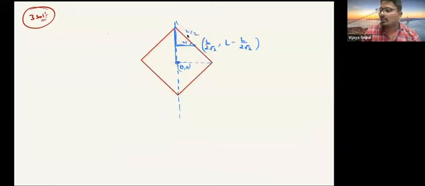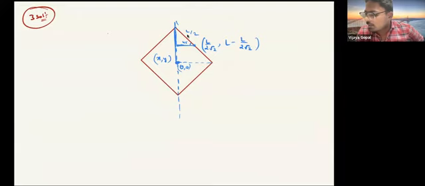So I'm just taking this as one part and the remaining thing as entirely one part. Let me take the center of mass coordinate of that as some x comma y.